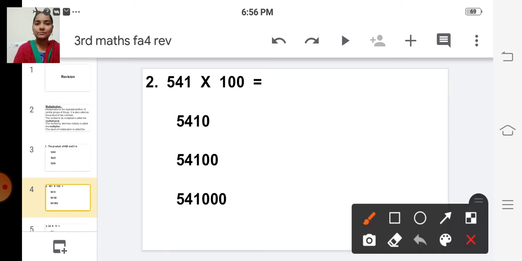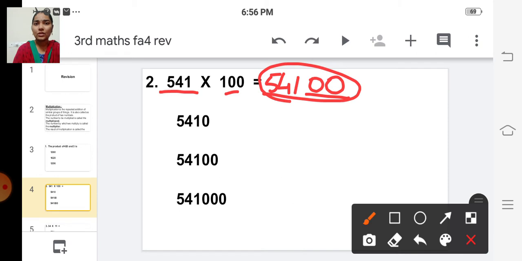If we multiply any number by 10, 100, 1000, 10,000, etc., then what do we do? We write the zeros at the end, and we write this number, that is the multiplicand, before these zeros. And that's your answer.